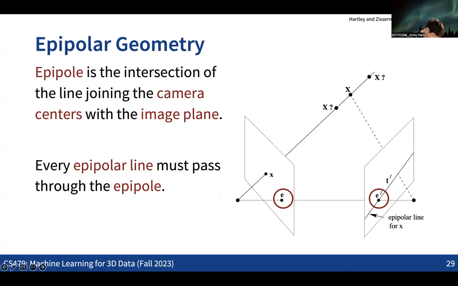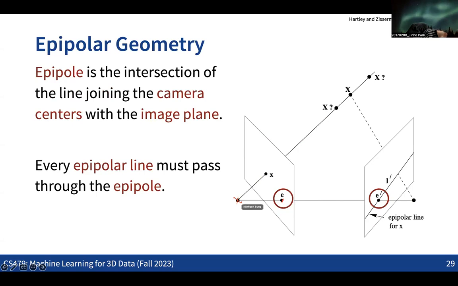So if we go back to the epipolar geometry, we can also define the epipole. The epipole is the point that becomes the intersection between the line connecting the centers of the two camera frames and each of the image planes.